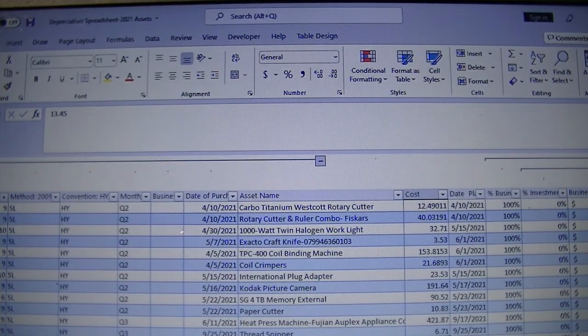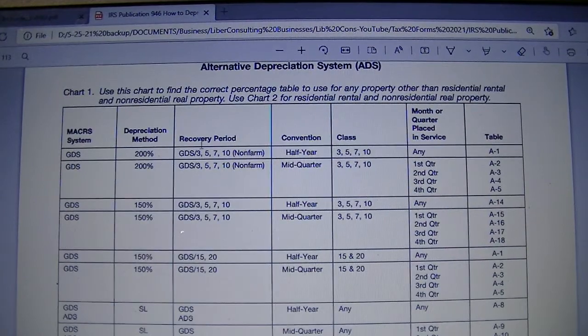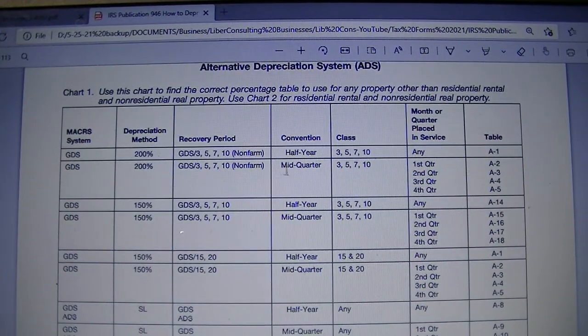Therefore, we are going to use half year, and that's why we have half year in our spreadsheet.